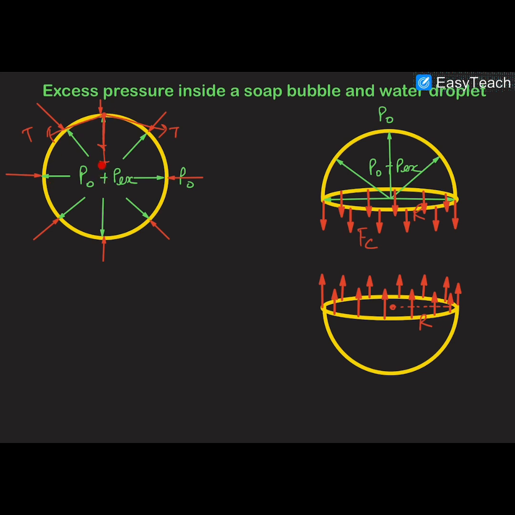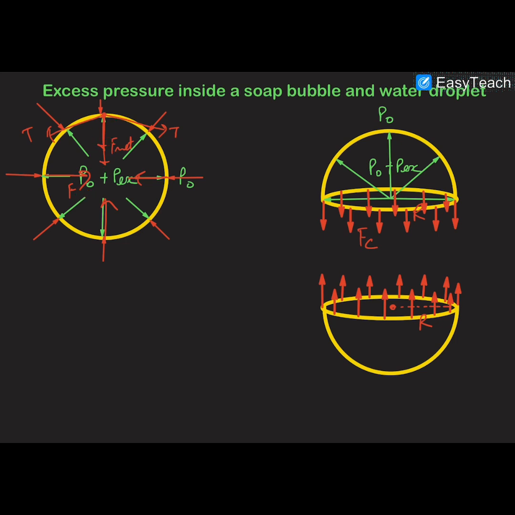This net force acting towards the center of the bubble is due to the surface tension force, and this unbalanced force needs to be balanced. To balance it, excess pressure is required inside the bubble. So the pressure inside the bubble is greater than the outer pressure to counterbalance this net cohesive force.